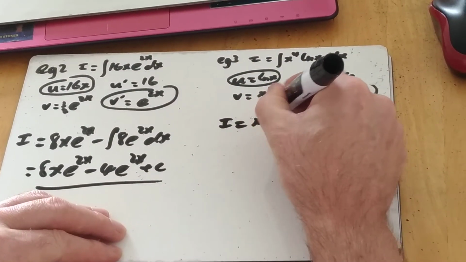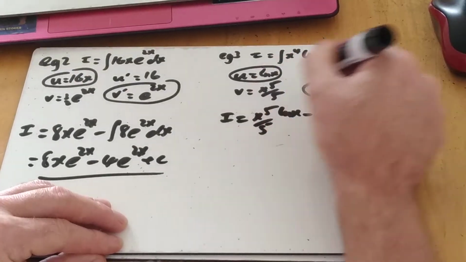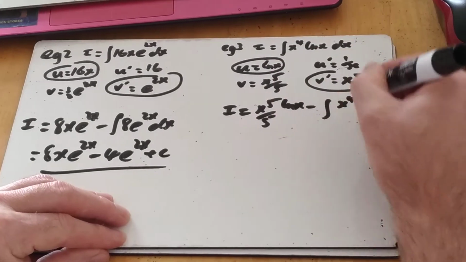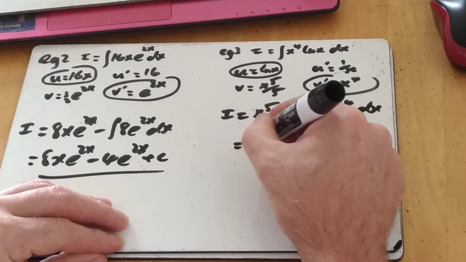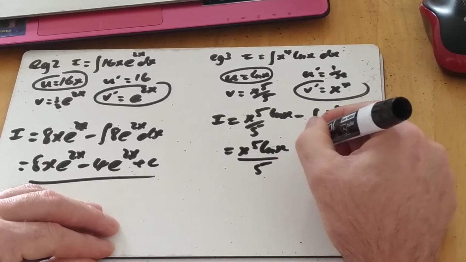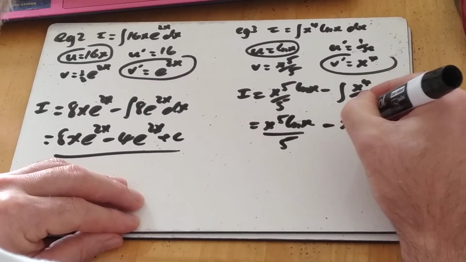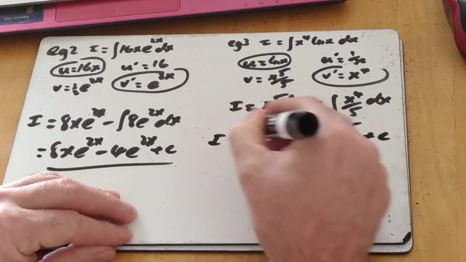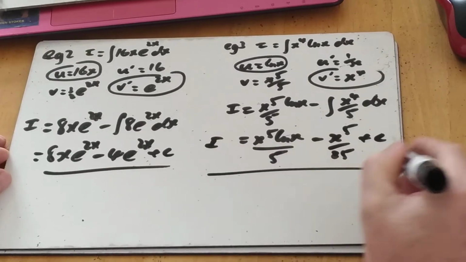So x to the 5 over 5 times ln x minus that times that, the integral of x to the 4, 1 over x times x to the 5 over 5 dx. And then minus, add 1 to the power, divide by the new power, x to the 5 over 25 plus c. And I could factorise a common denominator, whatever, if I really had to, but that's my answer to that one there.